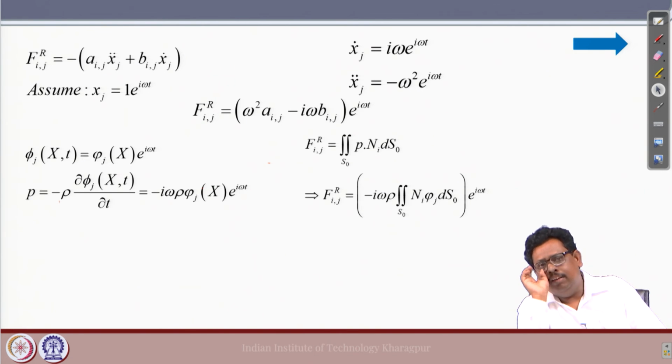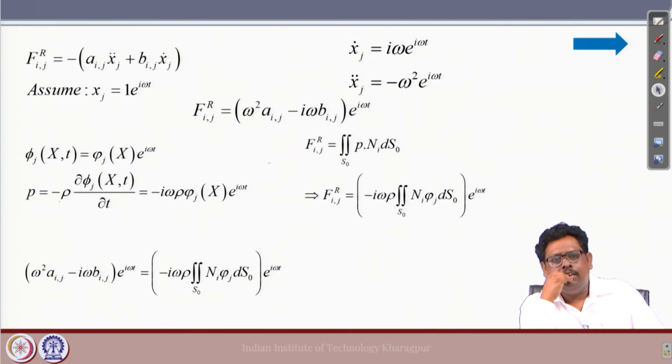Now, remember this is definitely a complex number. When you do that, you are definitely going to get a complex number. Now I just equate these two. I equate omega square a_ij minus i omega b_ij into e to the power i omega t to the right hand side where I am going to get the force, right.